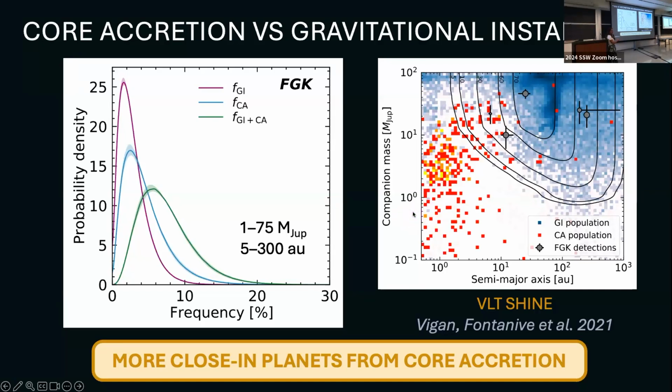So the planet occurrence rate increases as we get into smaller orbits. And these seem to be better explained by a core accretion origin. So we have smaller, closer-in planets better explained by core accretion, and then wider, more massive brown dwarfs better explained by gravitational instability. There has to be inefficient, or we would see many more.